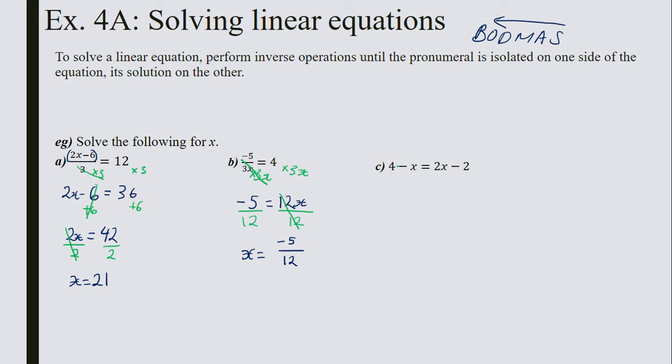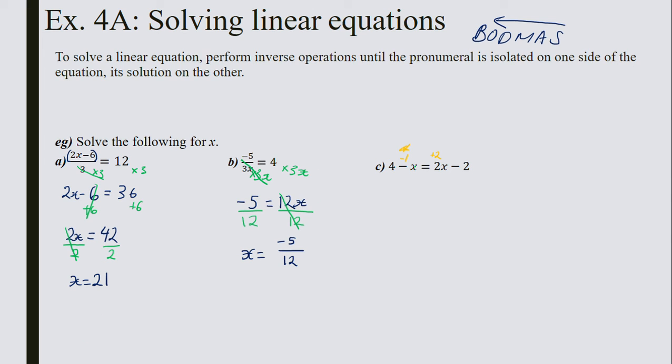So here, x has a coefficient of negative 1, and here we've got a coefficient of positive 2. So we're going to go with the -1 because that is in fact smaller than +2.